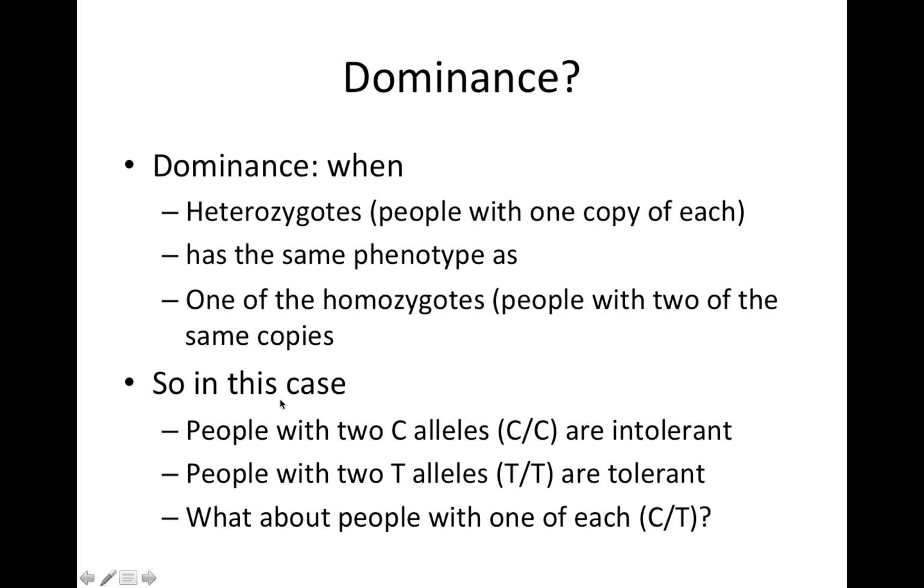So in this case, people with two C alleles are intolerant. Individuals who have two of the intolerant alleles are intolerant. People with two T alleles are tolerant. And so when we're talking about dominance, what we're talking about specifically is what do we see in terms of tolerance in individuals that have one copy of each of the two alleles?